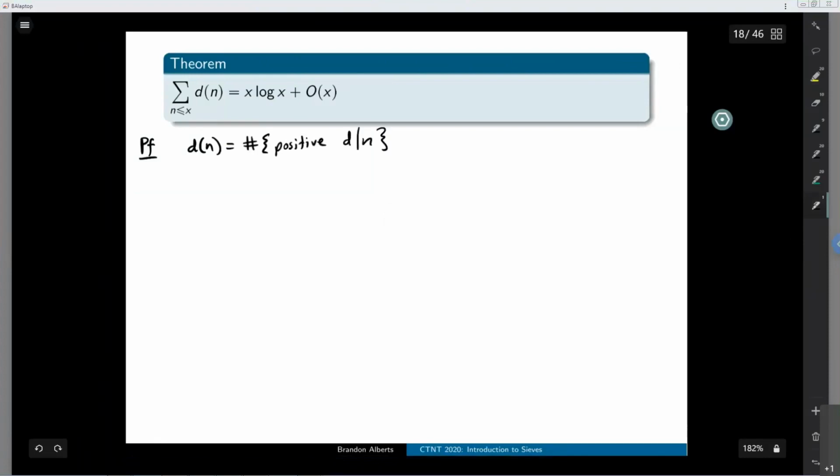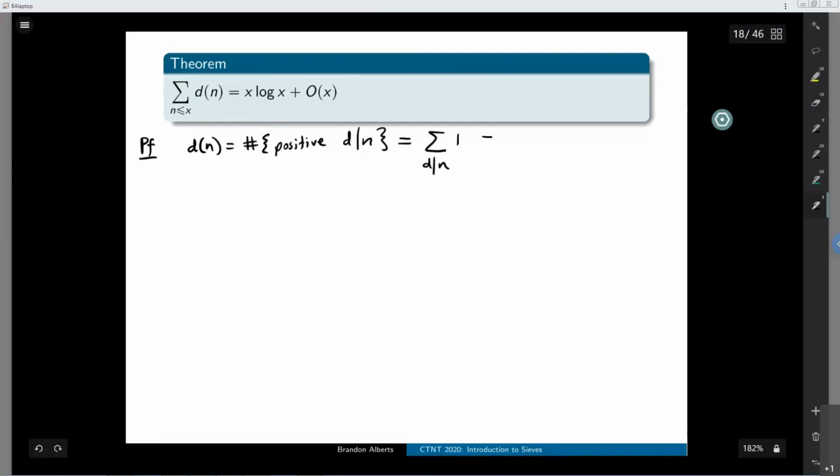Okay. So the divisor function is the number of positive divisors of n. That's how we define the function. And we can write this function in a couple of different ways, which will be useful to us. We could write it as the sum over all the divisors d of n of 1. So for every divisor, you add a 1 to this value.